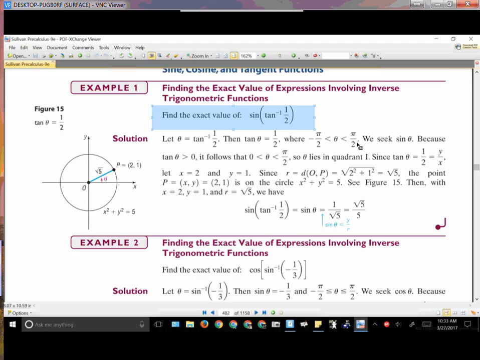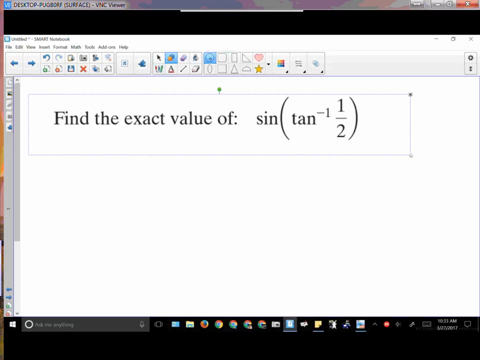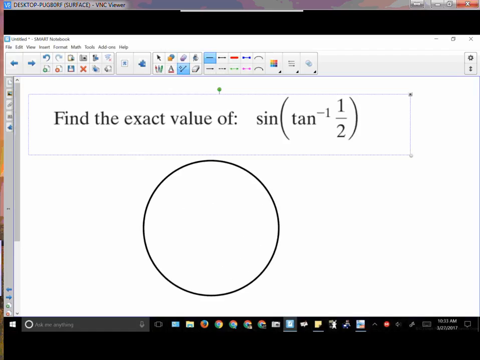Well, let's see here. When we're dealing with this, we'll think about it in terms of a circle. So tangent is equal to what over what again?